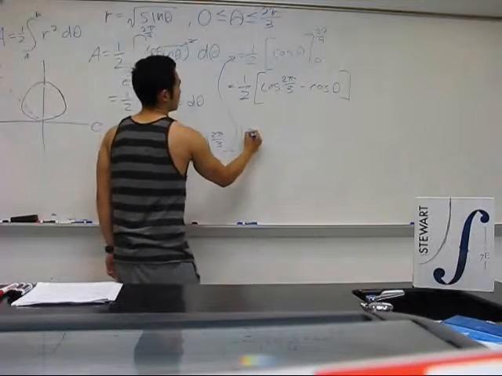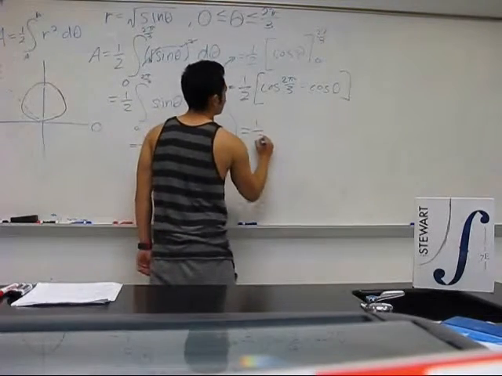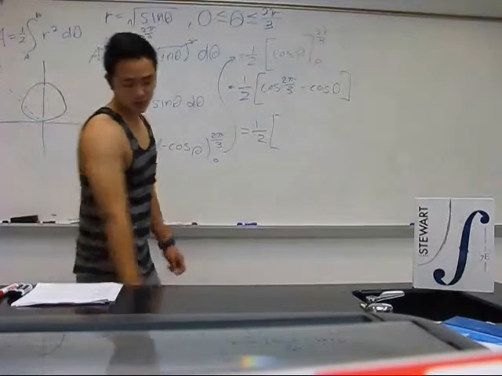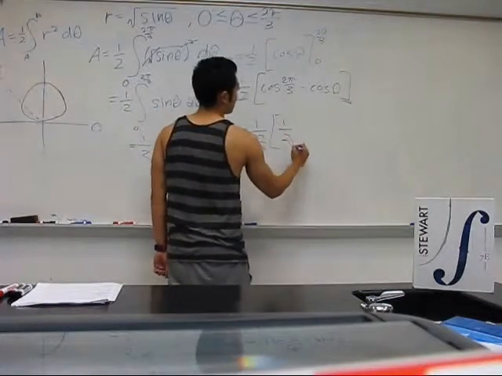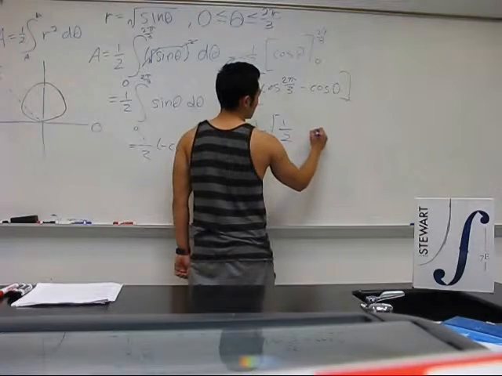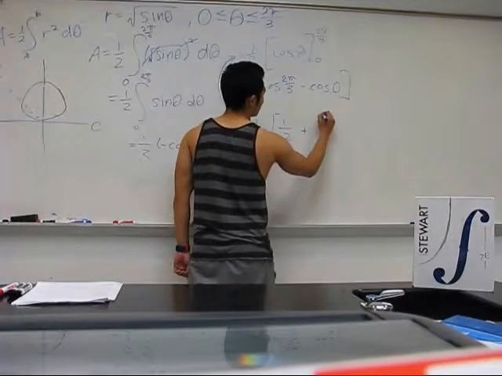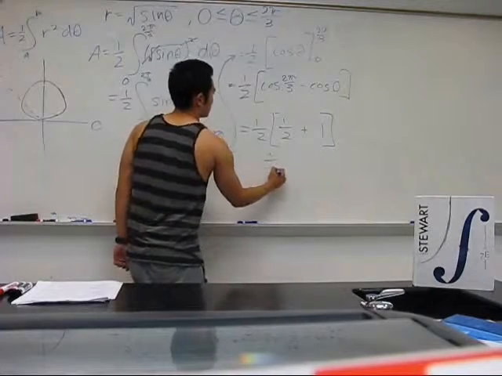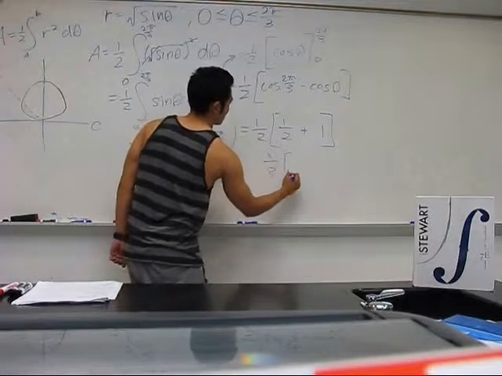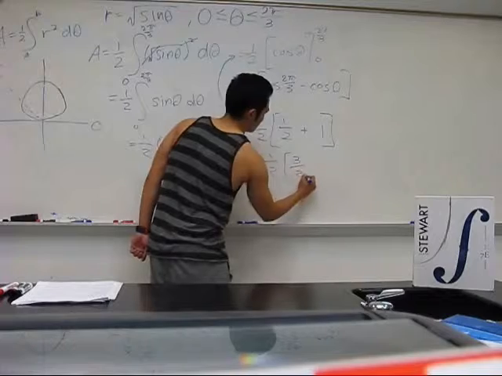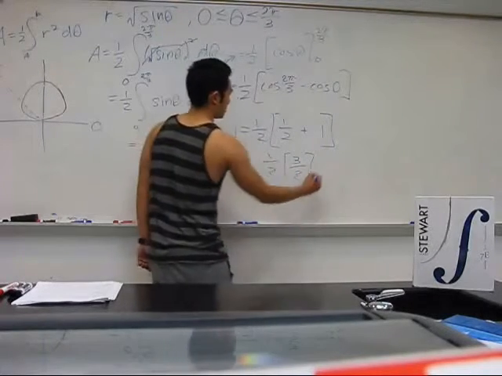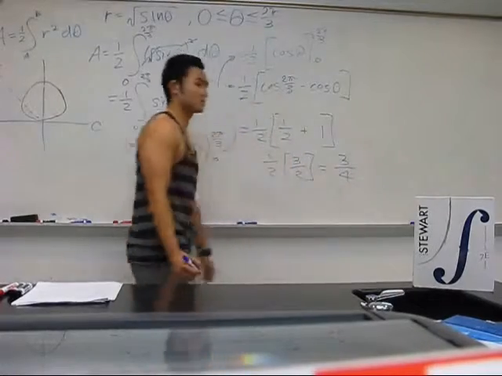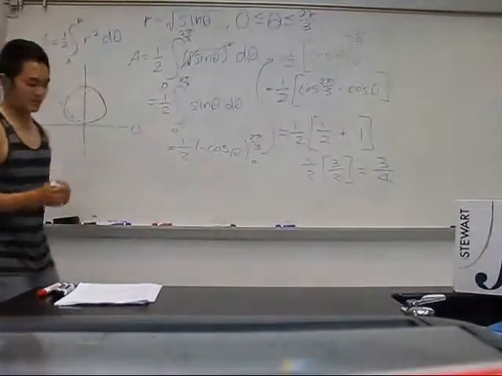And from there, it's just solving it. Cosine 2 pi over 3 is negative 1/2. Cosine of 0 is 1, so minus that is negative 1, which gives negative 3/2. And it's just 1/2 times that. That is how you do this problem.